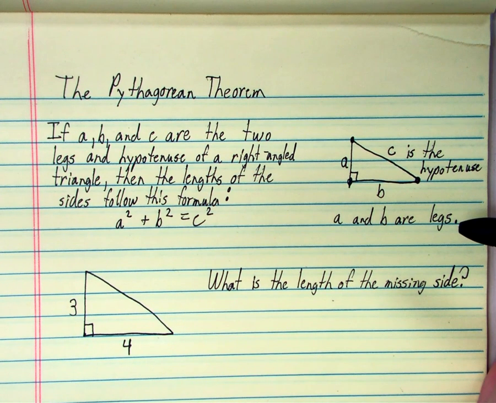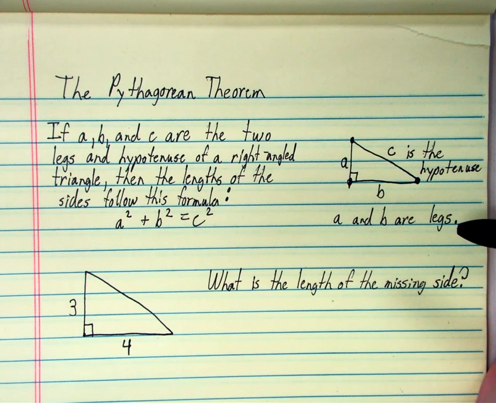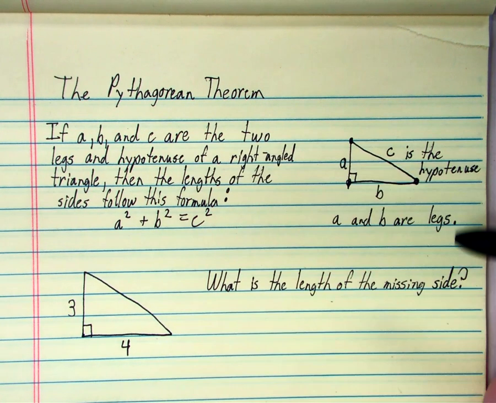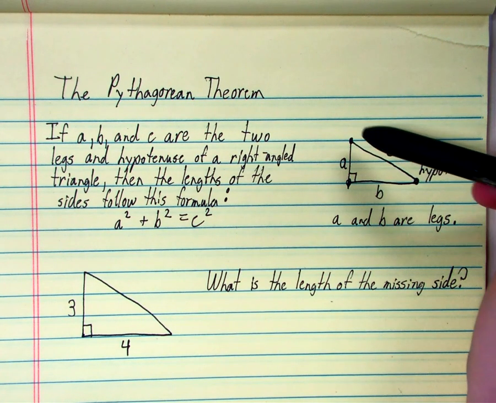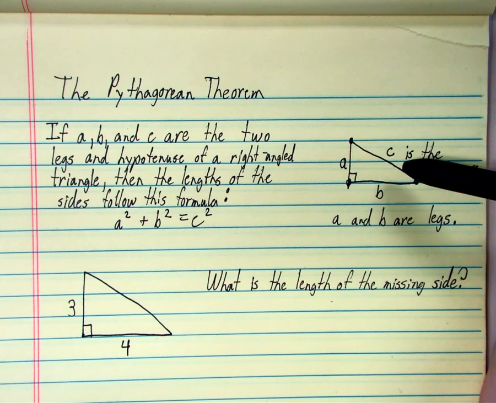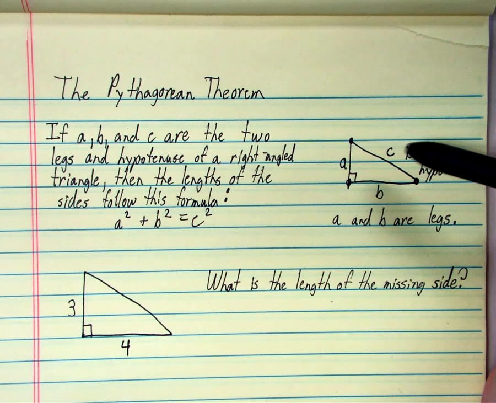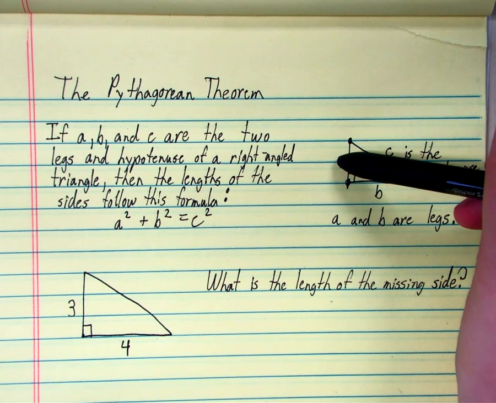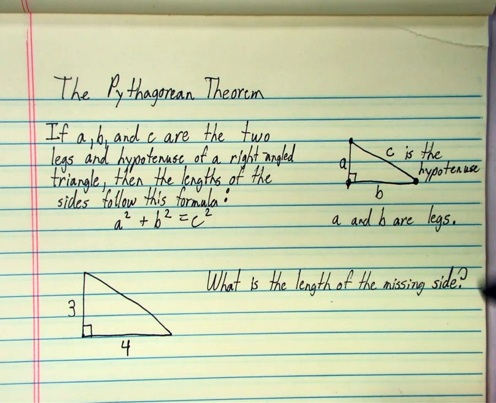It is important to recognize the particular sides of the triangle. Our hypotenuse is always the longest side on a right triangle, and is always going to be associated with the letter c. So c, the longest side here, is the hypotenuse. a and b are considered the legs of the triangle.